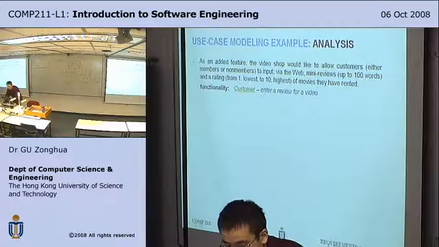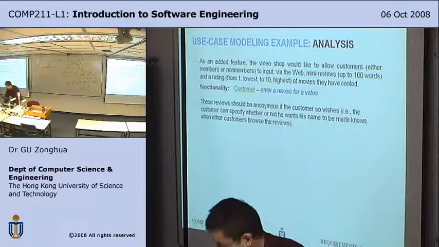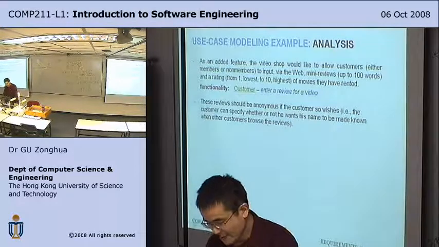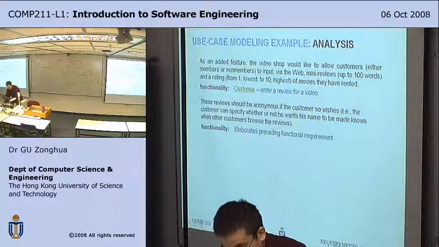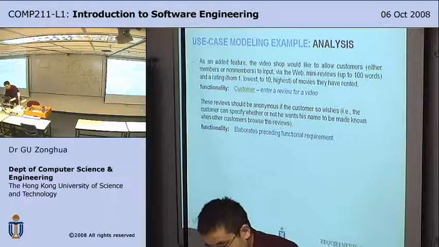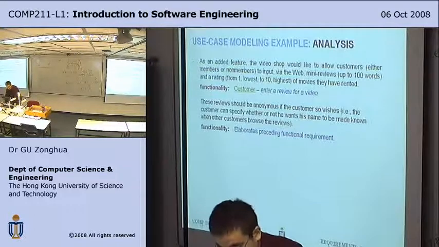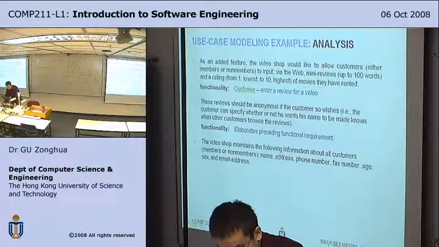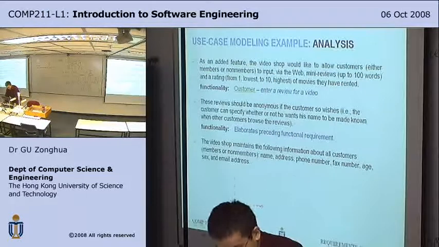So customer enters a review. Reviews should be anonymous if the customer so wishes. So this is the elaboration of the preceding functional requirement. Not a separate functionality.